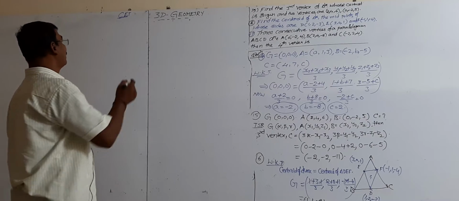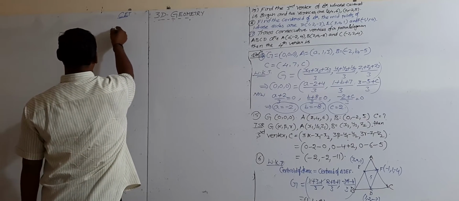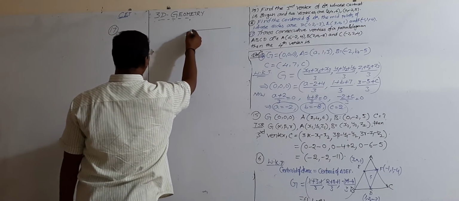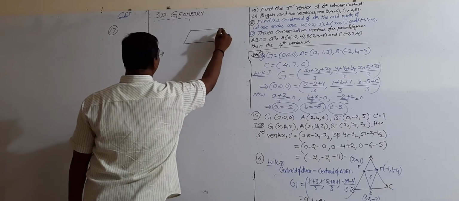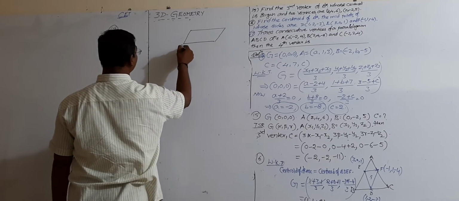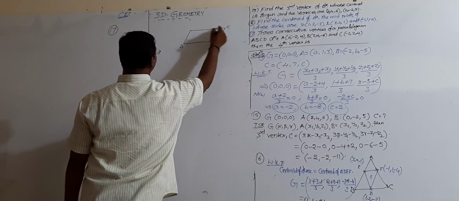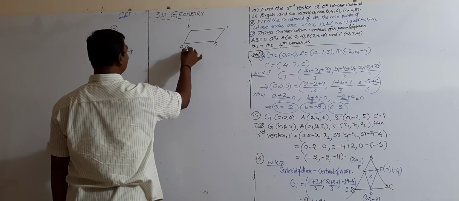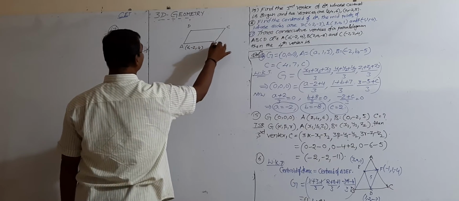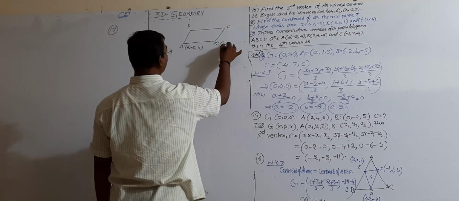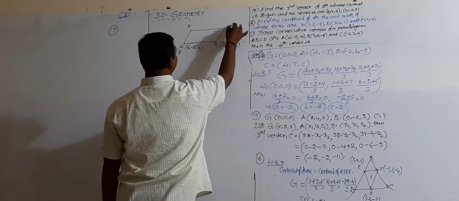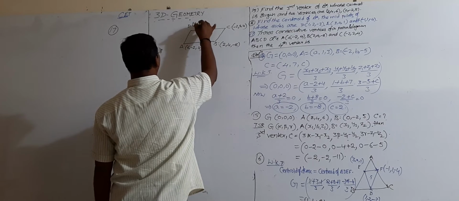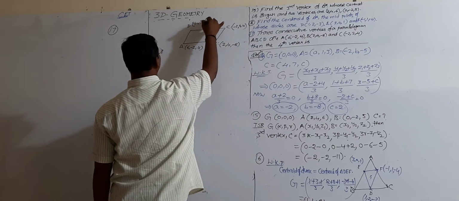We are asked for the fourth vertex. This is called a parallelogram, so we know that opposite sides are equal. A is (6, -2, 4), B is (2, 4, -8), C is (-2, 2, 4). Find the fourth vertex (x4, y4, z4).